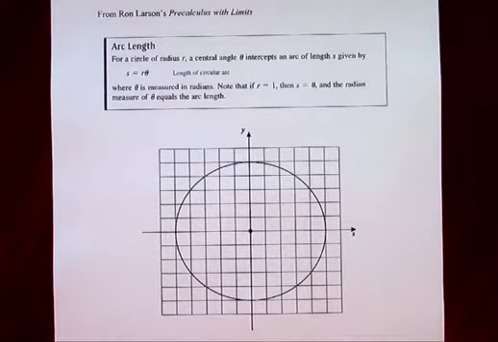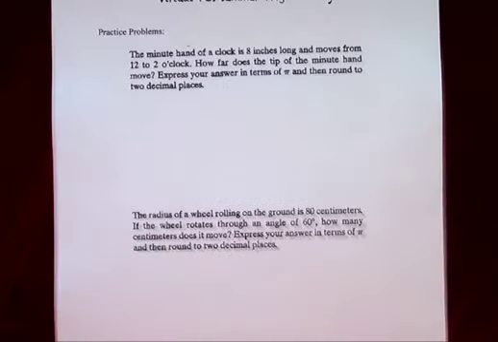And the radian measurement of theta equals the arc length, okay? Now, you're like, okay, that's really great. Why don't you show me how this actually works out? Okay, let's take a look at these practice problems right here.